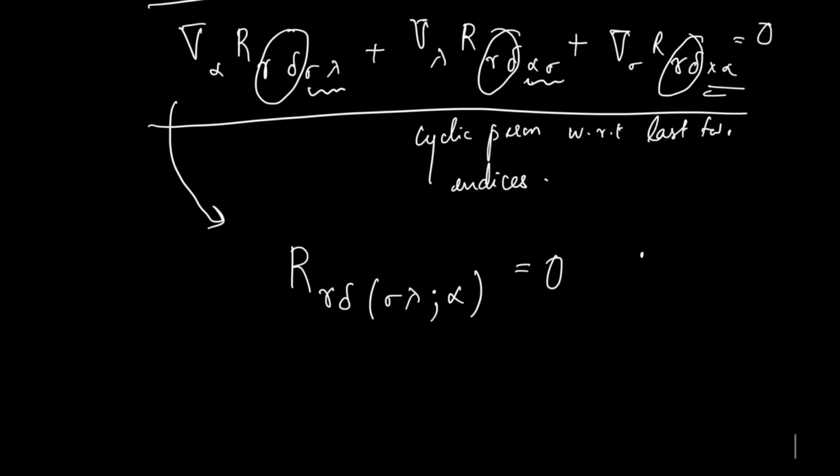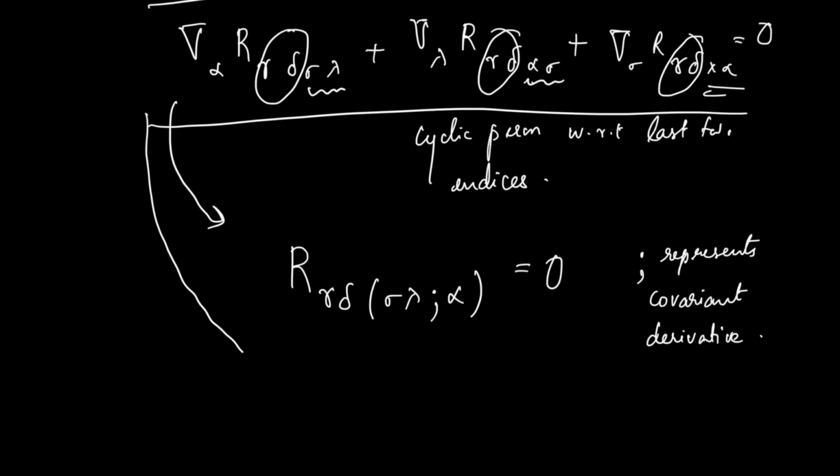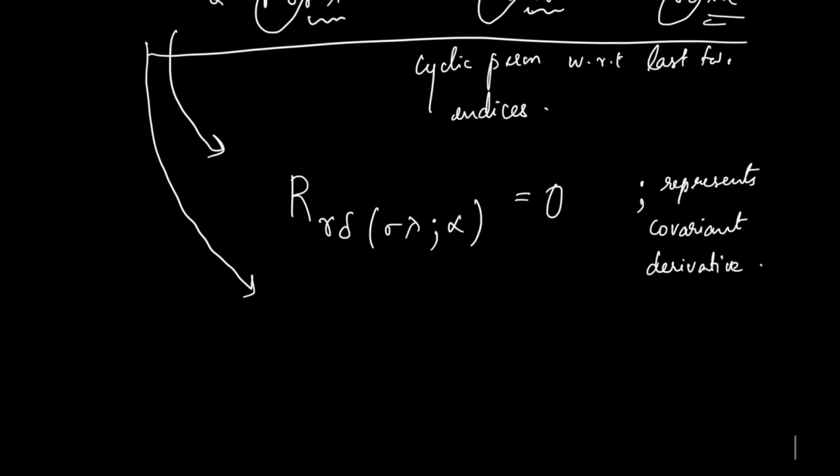Here semicolon represents covariant derivative. So there is one more notation for the same equation. Covariant derivative with respect to alpha R sigma lambda. So these are the changing ones and gamma delta as it is. This is equal to 0.